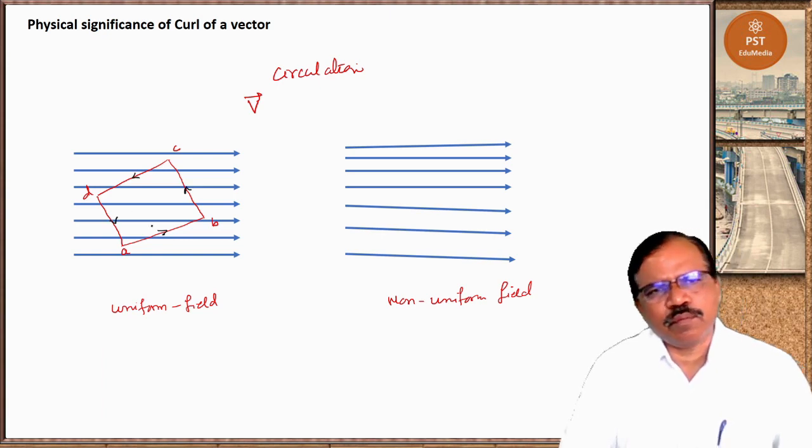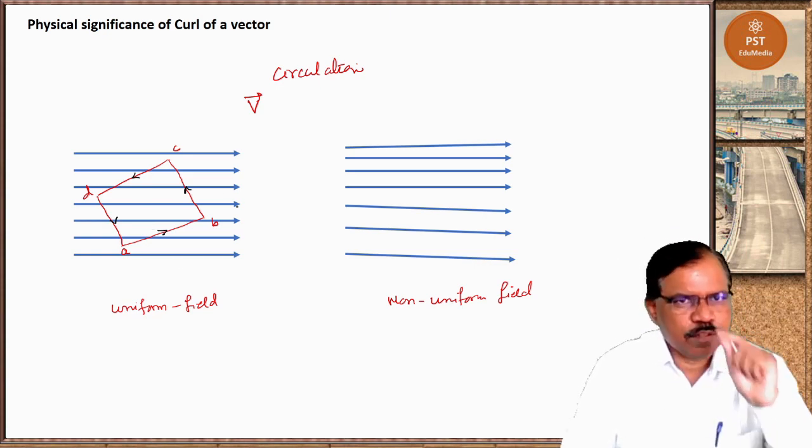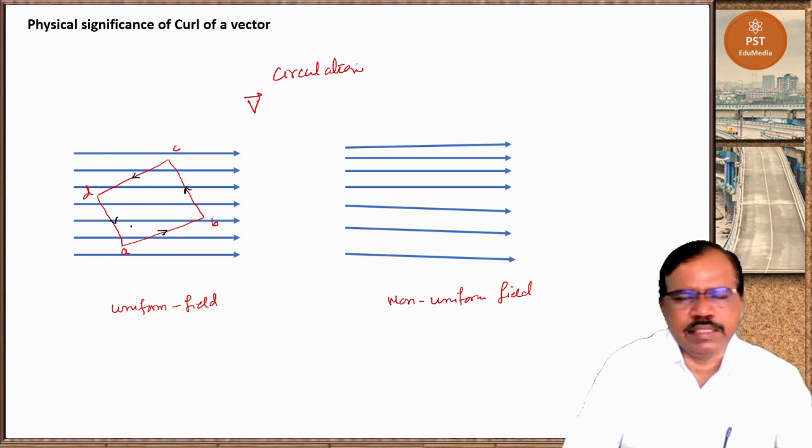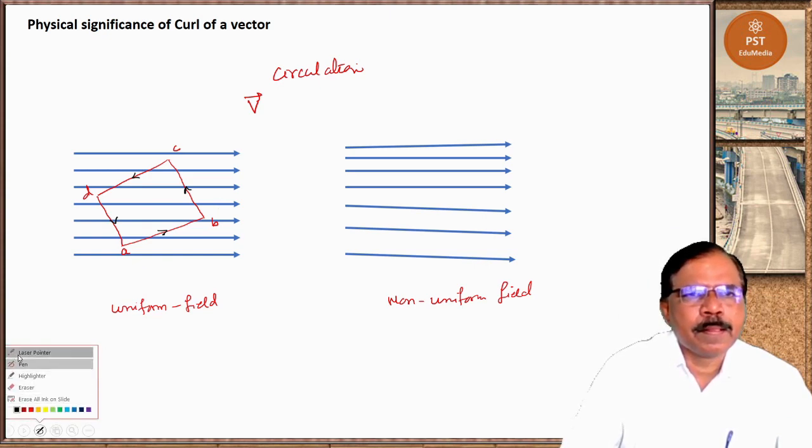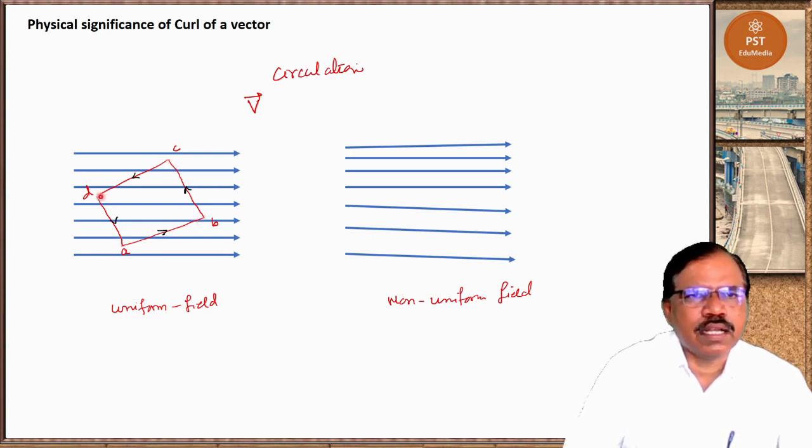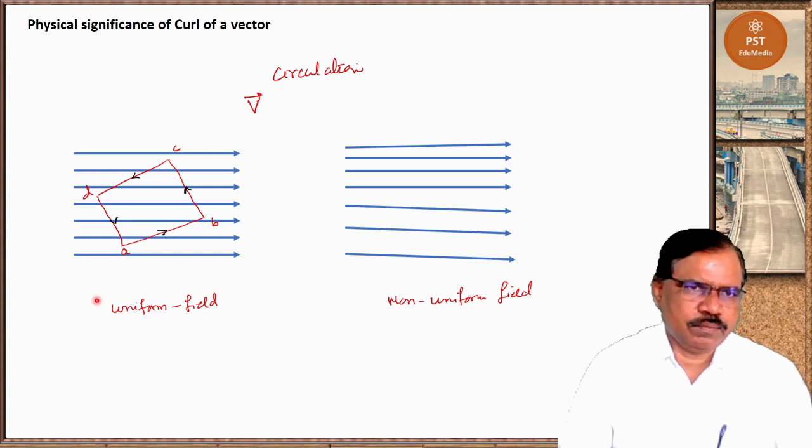We start from A and we come again to A by going along A, B, C, D. Now along this path, this path, this path, and this path, we can find the line integral.